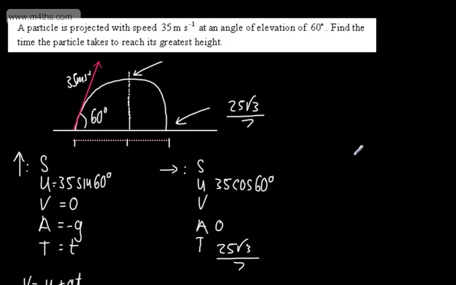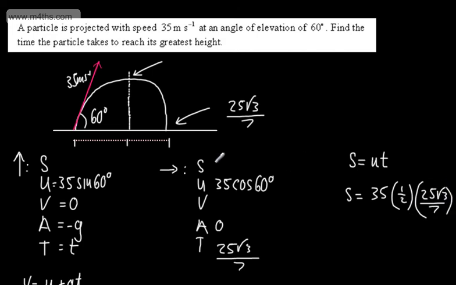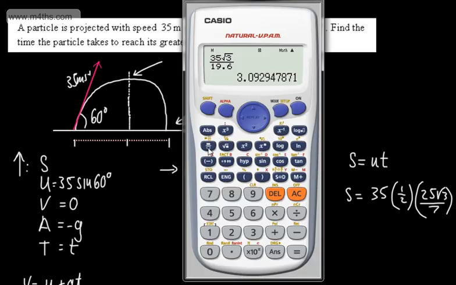If we go back, we can say that the range s is simply equal to u multiplied by t, as we don't have an acceleration. So s is going to be 35 cos of 60 degrees, which is 1/2, multiplied by the exact value of 25 root 3 over 7, and that will give us the horizontal distance, or the range.